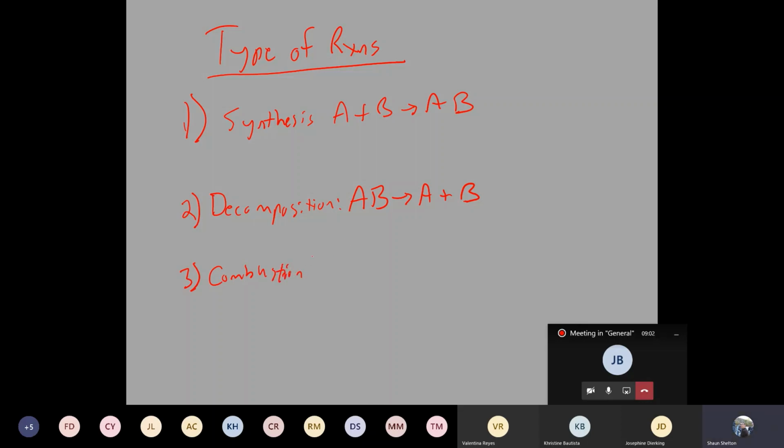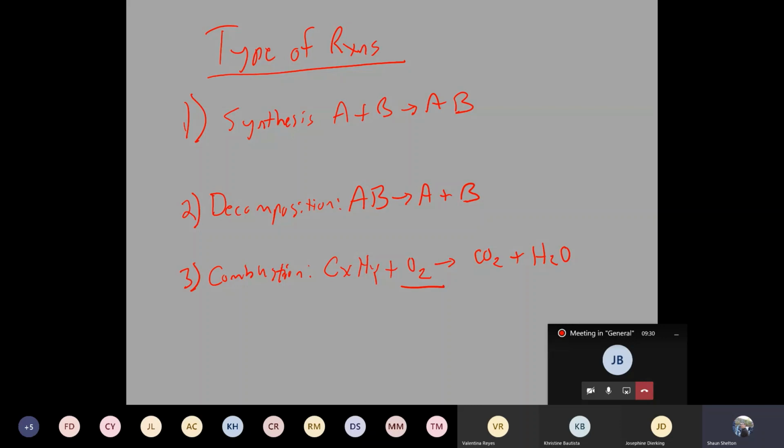So combustion is where you take a hydrocarbon, CxHy, so it has carbon and hydrogen. You react it with oxygen, and it forms CO2 plus water. Y'all might remember balancing these equations previously. Combustion is always going to be reactions with oxygen gas. Just keep that in the back of your head.